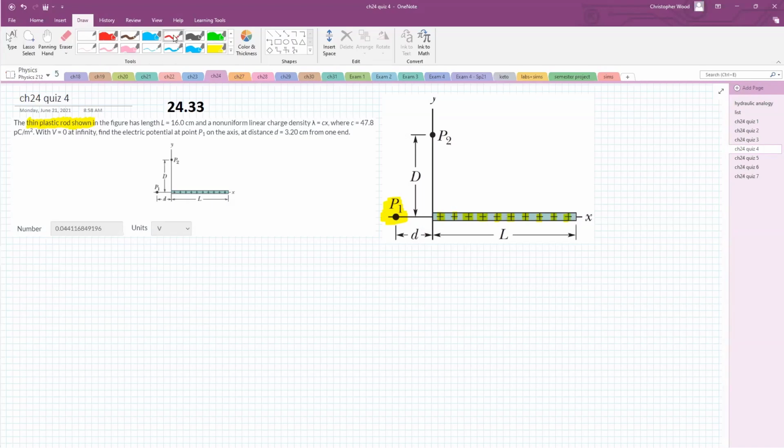Let's go about our business as usual. Let's name the differential charge element. Here it is. There's a little teeny tiny differential charge. I'm going to give this a name of dq. Its size is dx. From there to there is dx.